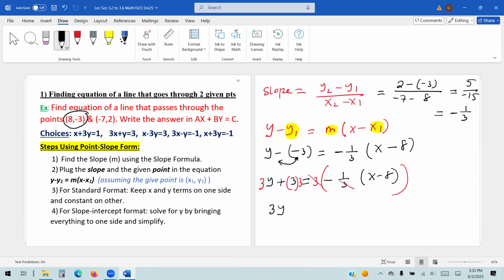We have 3y plus 9 equals negative x minus 8. What do you think our next step is? Eliza.